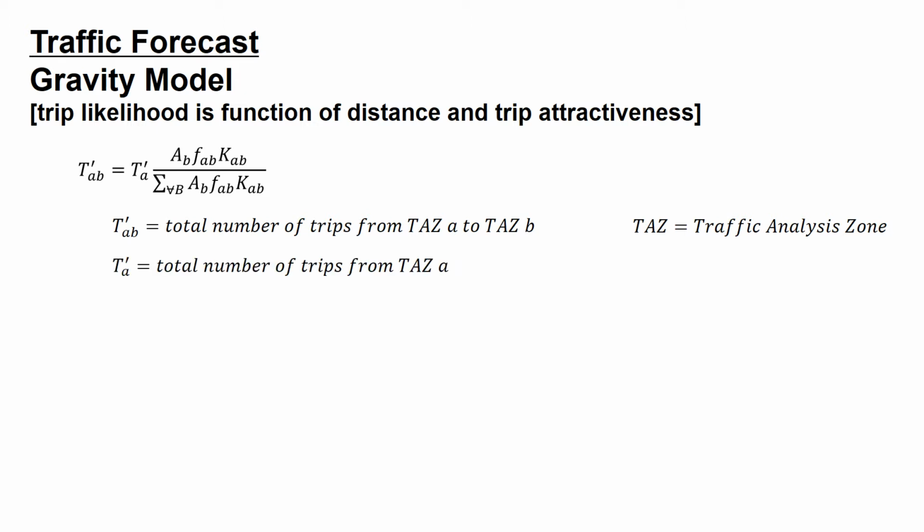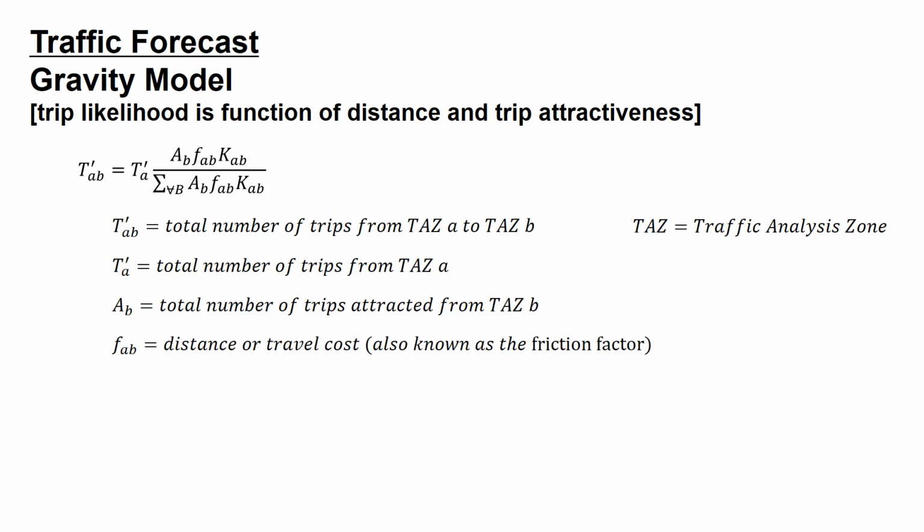So we're going to start with the total number of trips from TAZ-A. So how many trips does TAZ-A produce? And we're going to look at distributing it, and essentially we're going to weight this by factors for the other zones. Those factors are the total number of trips attracted from TAZ-B, the distance or the travel cost, which is also known as the friction factor.